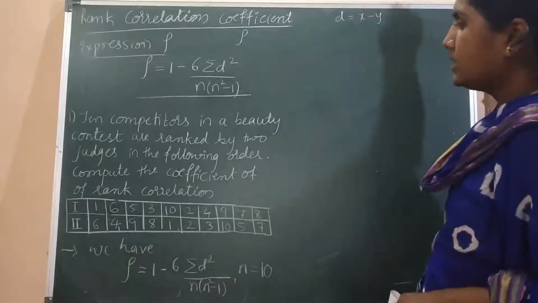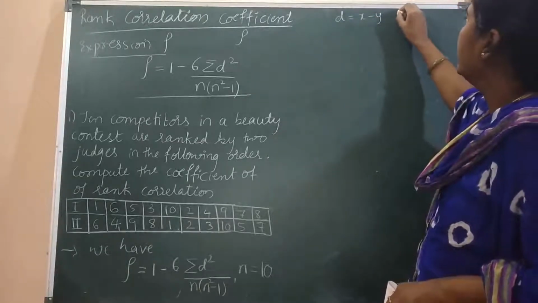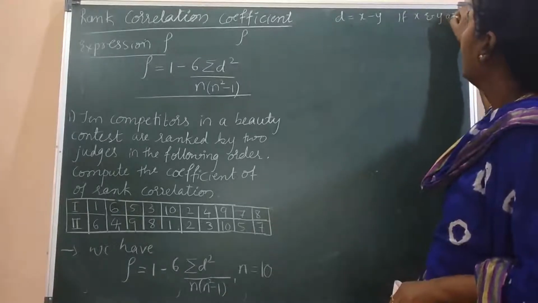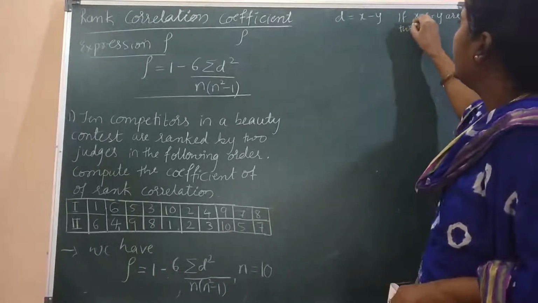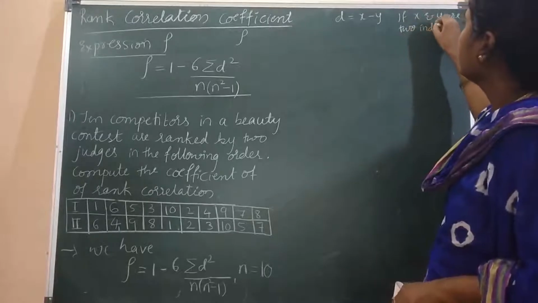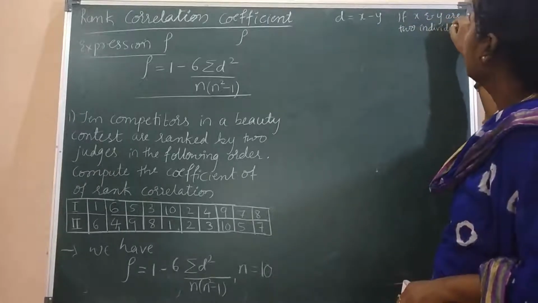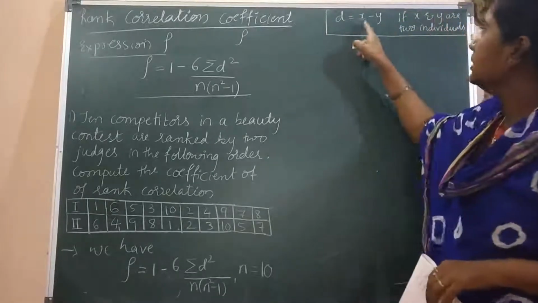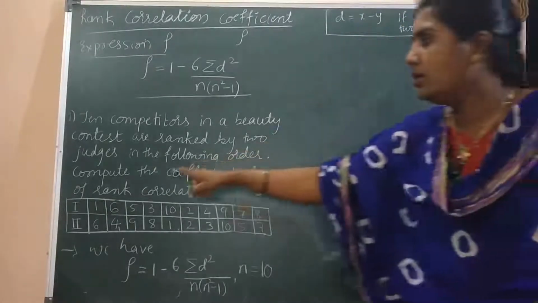If x and y are two individuals, here x and y are nothing but 1 and 2.